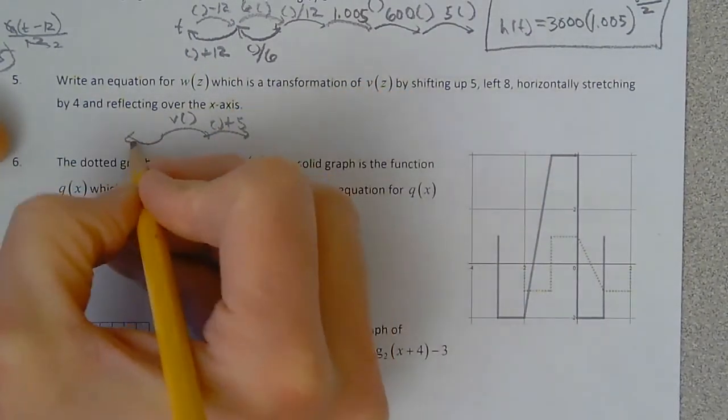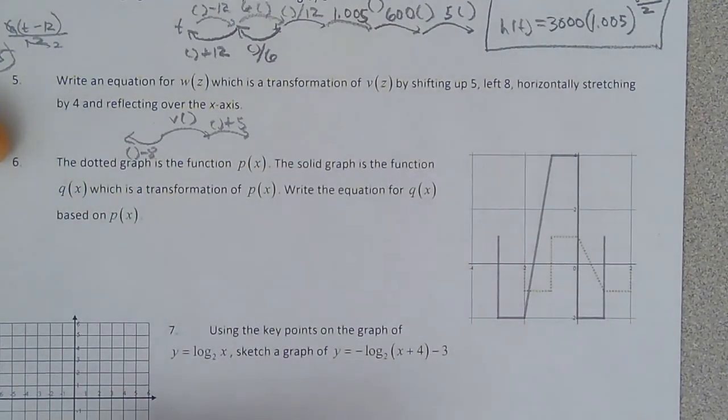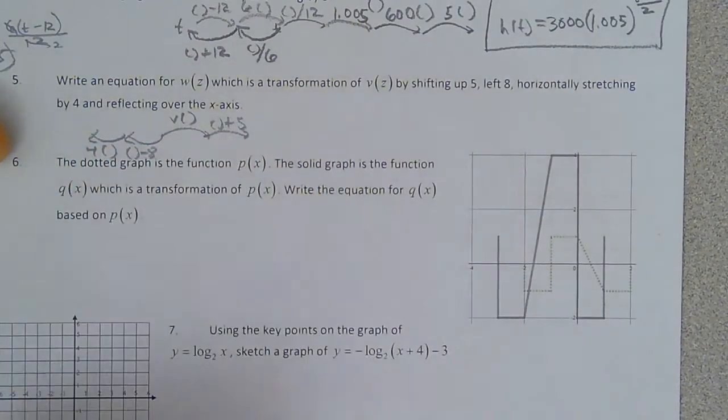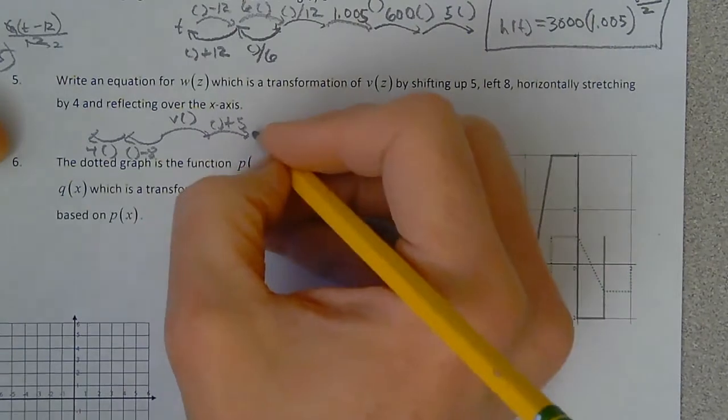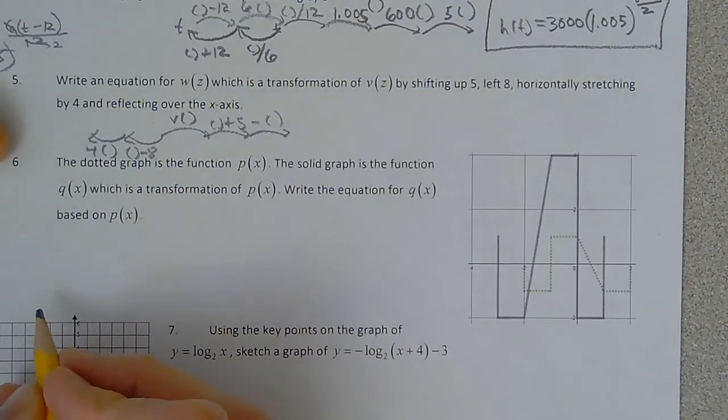To the left 8 is going to be a minus 8 on the horizontal side. Horizontal stretch by 4, so multiply by 4 on the input side over there. A reflection over the x-axis makes a vertical change because I have a horizontal mirror, so the sign change there.